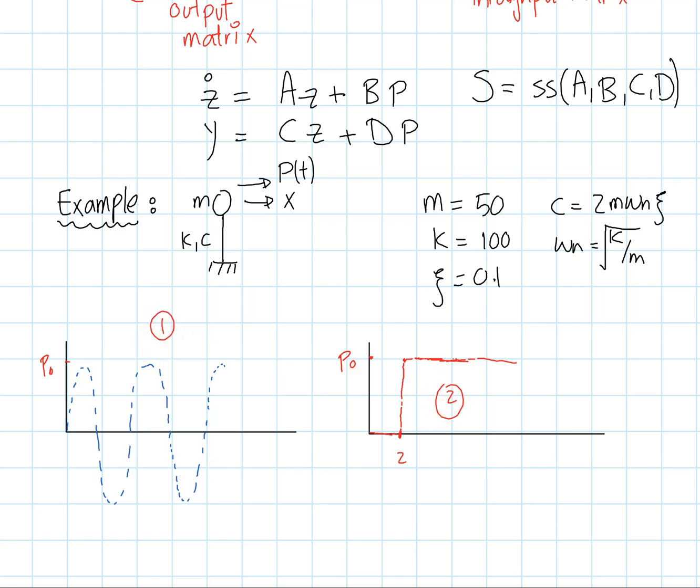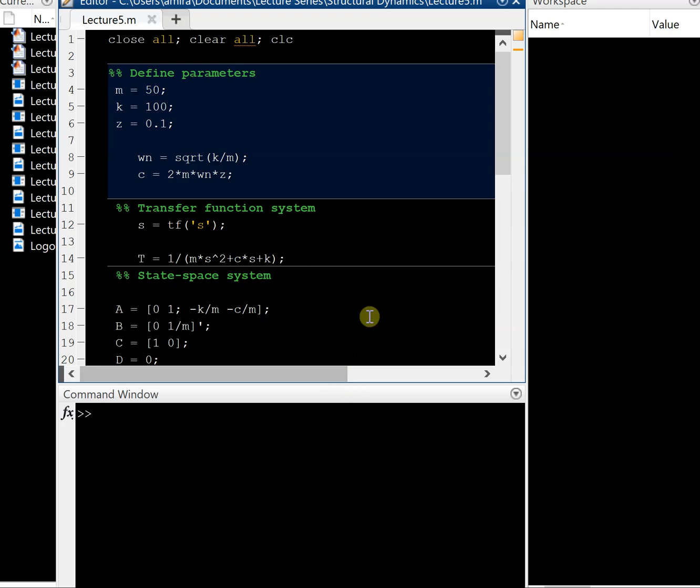So now I'm going to pull open Matlab, and you can see what I've done is I've defined my parameters. I have mass, stiffness, zeta, which is my damping ratio, and I'm obtaining my omega_n, which is my natural frequency, and I'm calculating my damping coefficient.